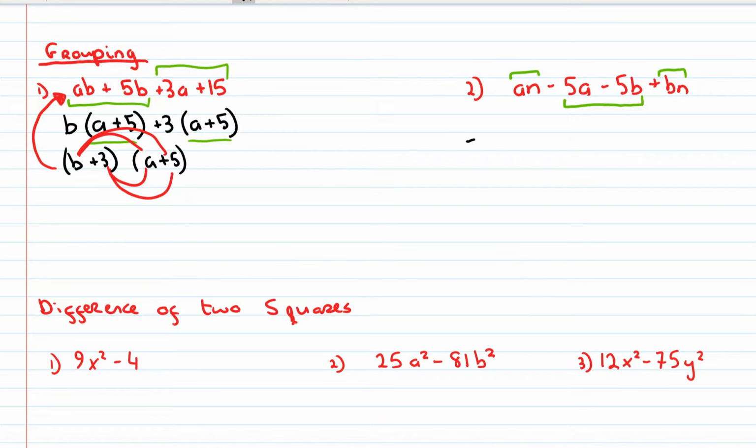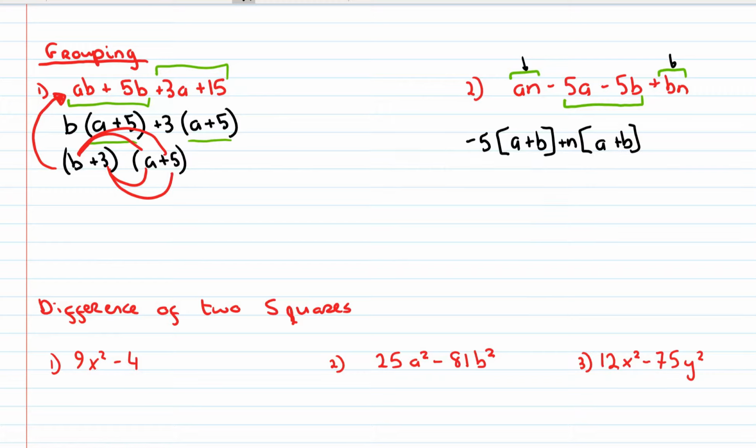Right, I'm going to factorize out minus 5, and I'll have a plus b in the bracket. And then the next one I'll factorize out n. Okay, so I factorize out n from here. So I have plus n, and I have a plus b in the bracket.